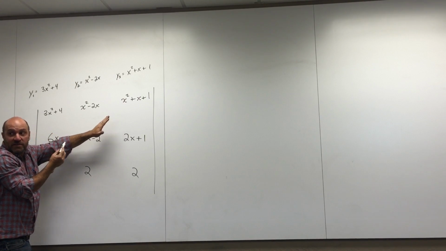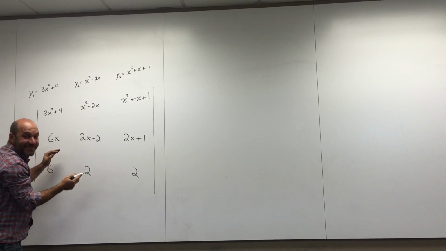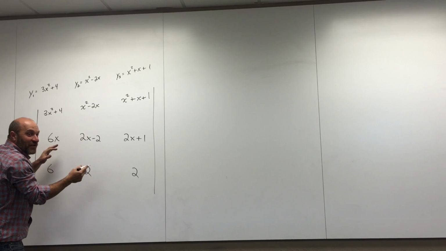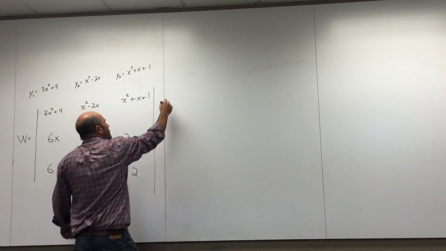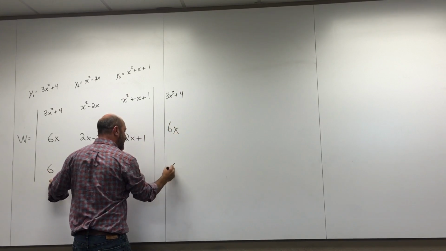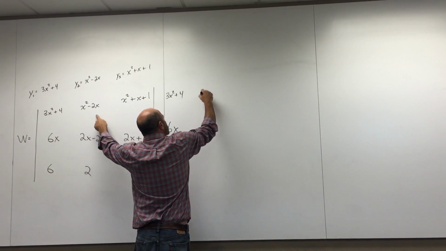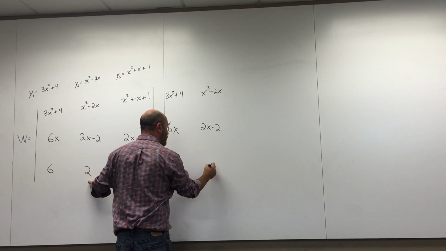Now, here's what they taught me back in 3rd grade when we did this. Copy down these first 2 columns. 3x squared plus 4, 6x, and 6. And x squared minus 2x, 2x minus 2, and 2.